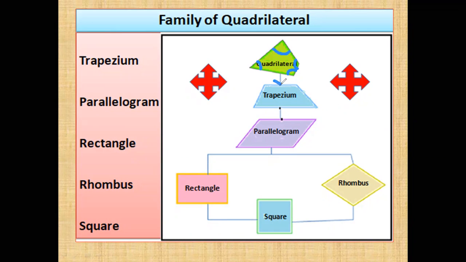Like here, one pair of opposite sides, you can see, are parallel. So if you have one pair of opposite sides parallel, a quadrilateral becomes a trapezium. And what are the properties of the trapezium? The first thing we have seen is that one pair of opposite sides is parallel to each other. Now, because one pair of opposite sides is parallel, we get a second property: if you add the two angles here, their sum is 180.